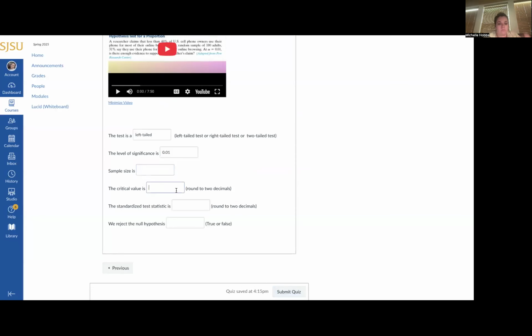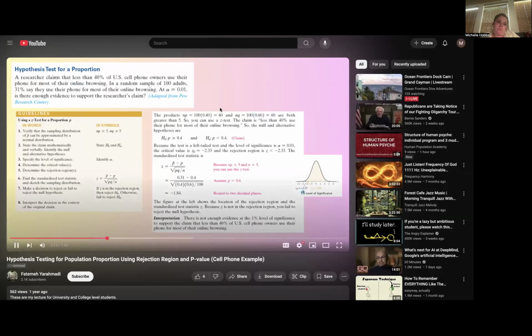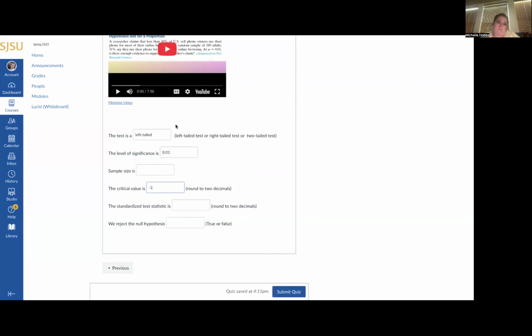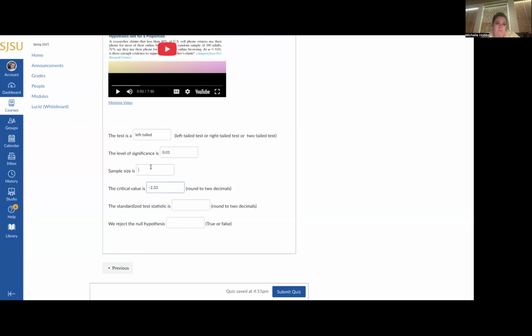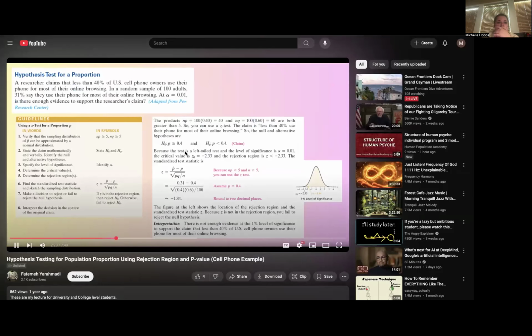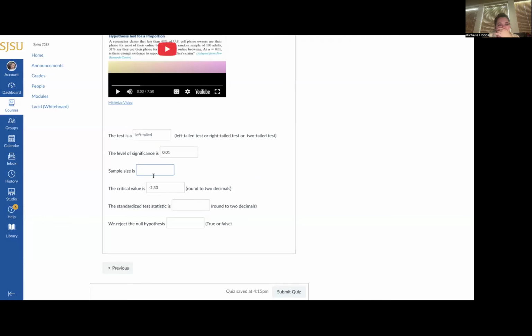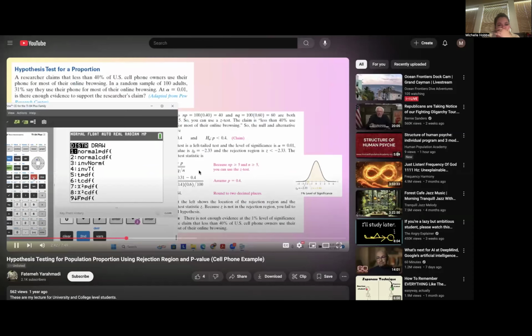We use alpha and the fact that it's a left-tailed test to find z. Let me show you how to use a calculator to find this z. So let's go to the calculator and let me share the screen with you and show you how to use your calculator to find z. So first of all, you need to go to second, then vars.